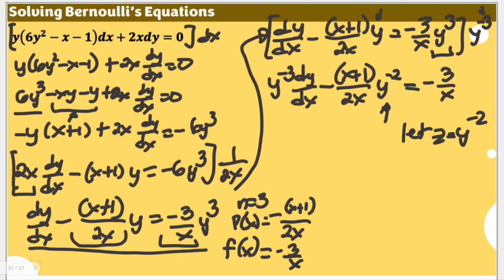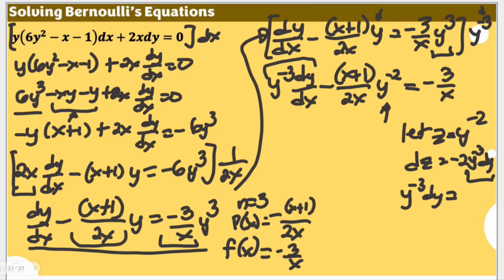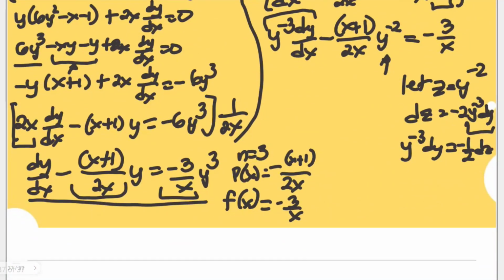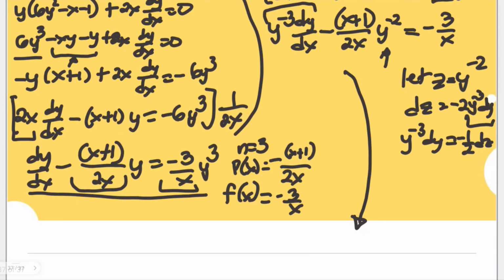With that, as we take its first derivative, you have negative 2 y to the negative 3 dy. This is also what is expressed here. So if we divide both sides by negative 2, y to the negative 3 dy is equal to negative 1/2 of dz.